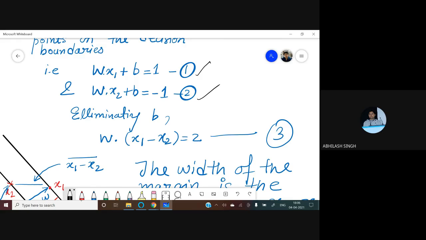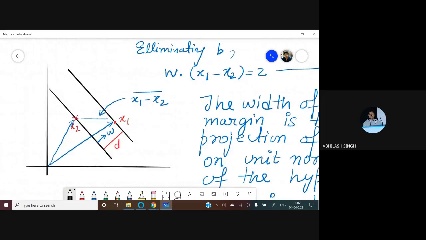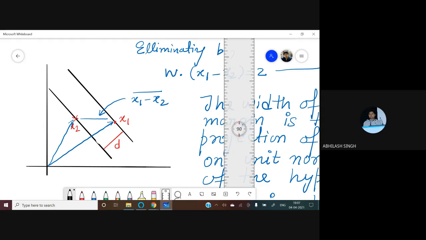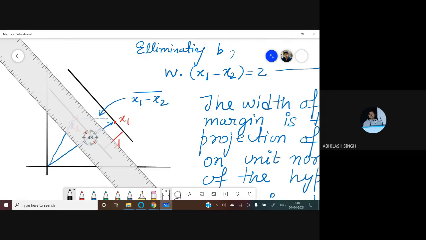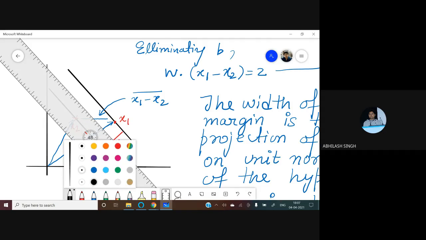Just keep this value, and let us come to this diagram. We have assumed a point x1 on one decision boundary and x2 on another decision boundary. Let me do one thing. We have missed drawing the hyperplane, so let me draw it for you.